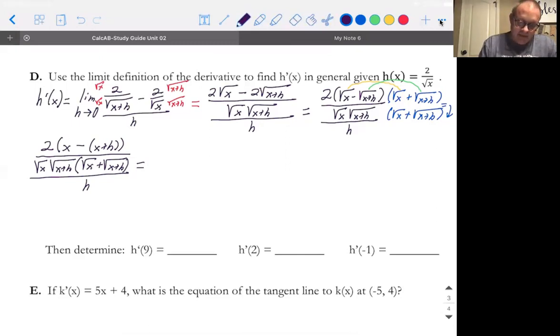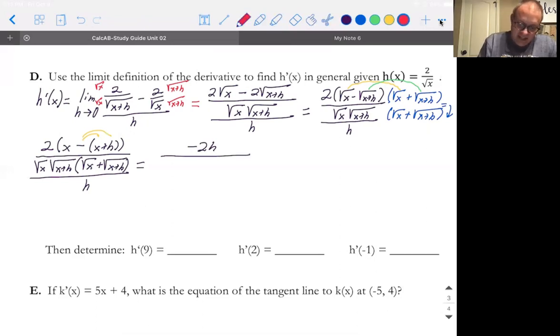So when we do that, that's going to give us x, and we're going to run this negative sign through, so that'd be x minus x. Those are gone. And I have a negative h. So what I would have is 2 times a negative h. So, hey, that's just going to give us negative 2h.